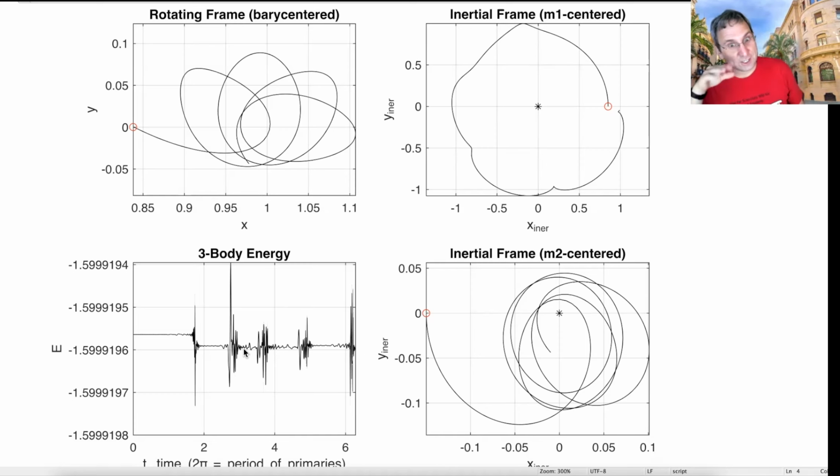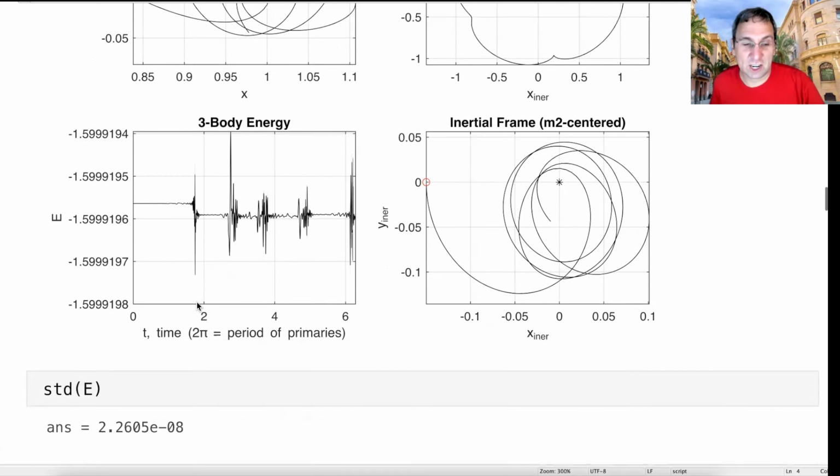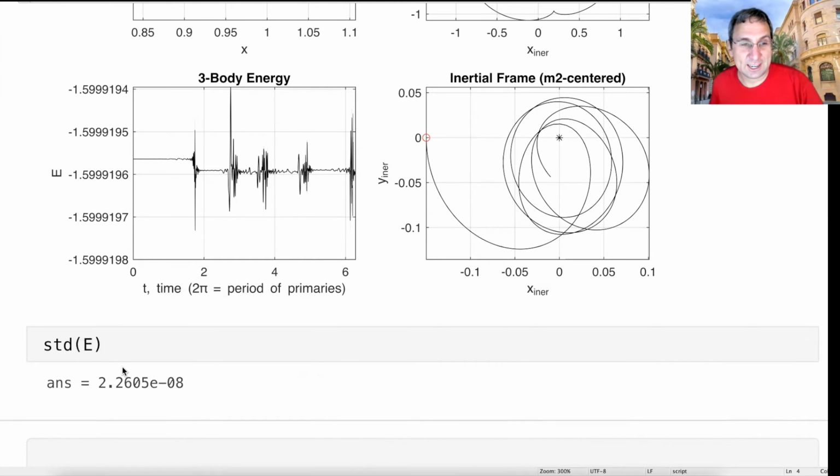You get these oscillations in the energy when you get close to the central mass or at the furthest approach. So at perilune and apolune, that's what's happening here. But it doesn't change much. If I look at the standard deviation, it's still on the order of the tolerance.